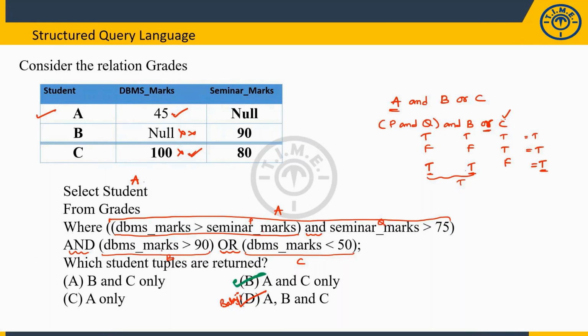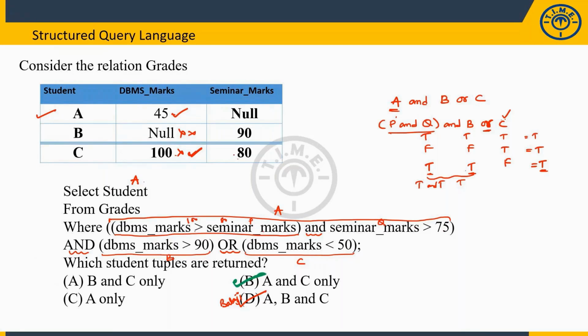If the B condition is true for this, then the A condition, because of the AND operator, expects true and true. Then only it is true. Now, what is the A condition? I'm checking for the third tuple. DBMS marks greater than seminar marks. So 100 greater than 80, correct. And seminar marks greater than 75: 85 greater than 75.